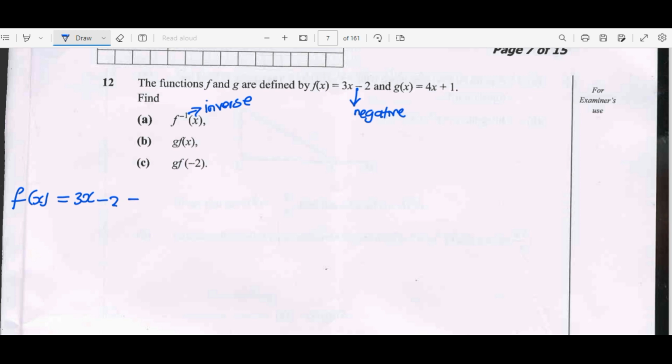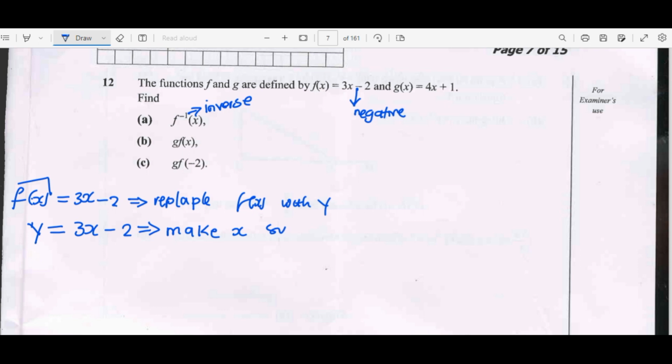So what is our first step? The first step is replace f of x with y. So here we put y is equal to 3x minus 2. After that is done, now you need to make x the subject of the formula.